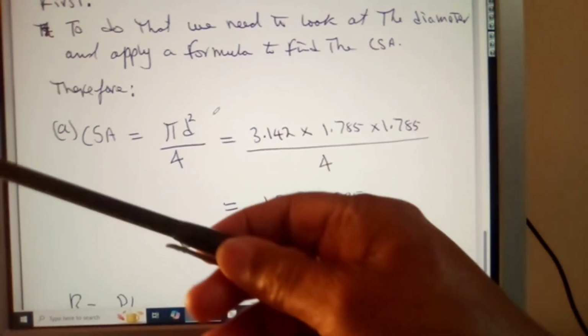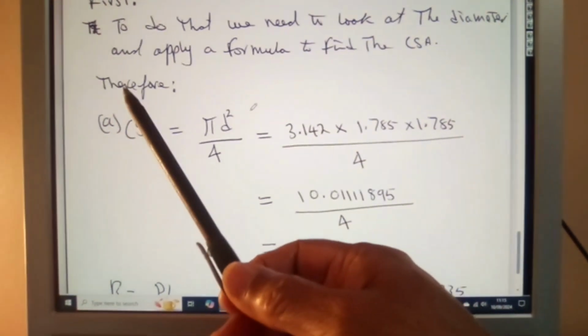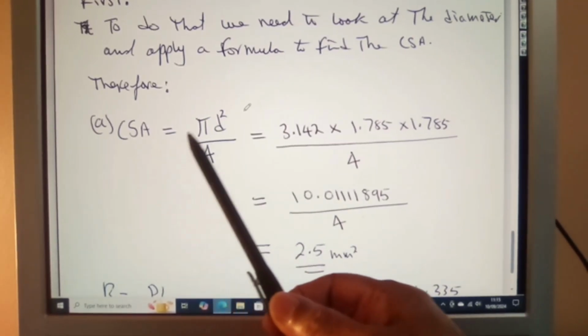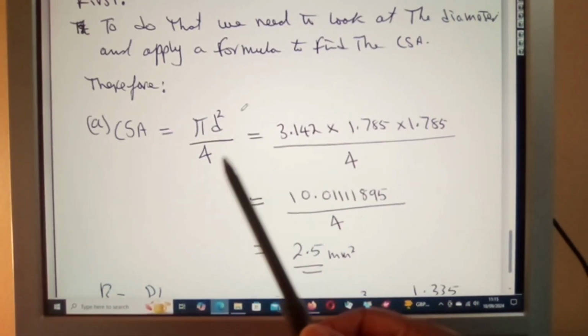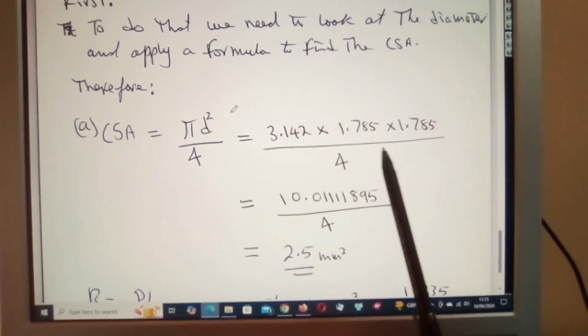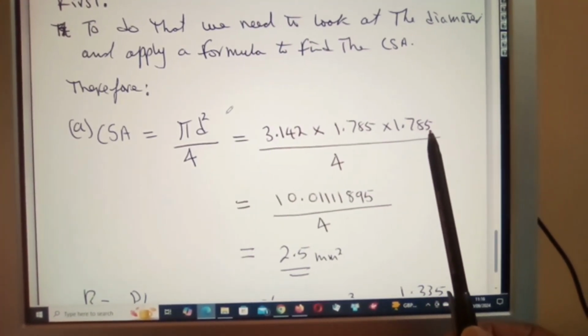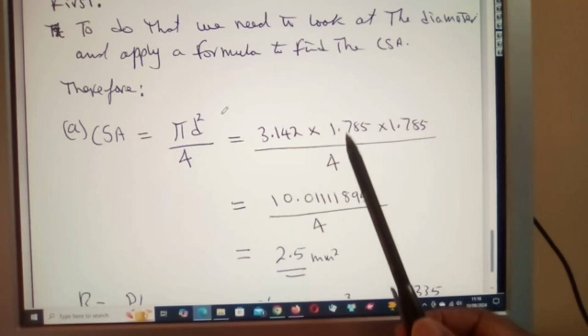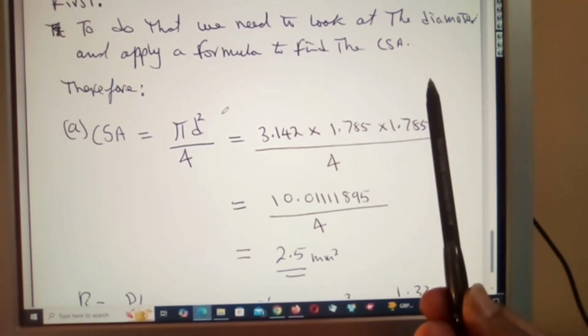Therefore, CSA equals pi d squared over 4 equals 3.142 times 1.785 times 1.785. Now that's just the way I do it. You could just put in 1.785 squared if you wish.